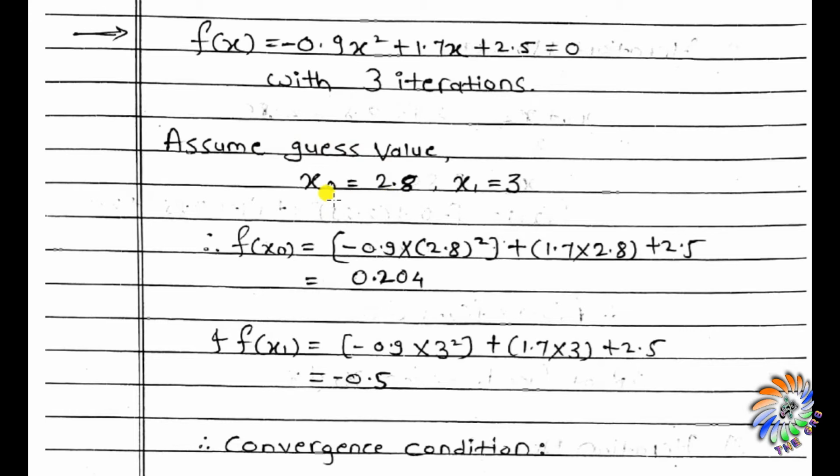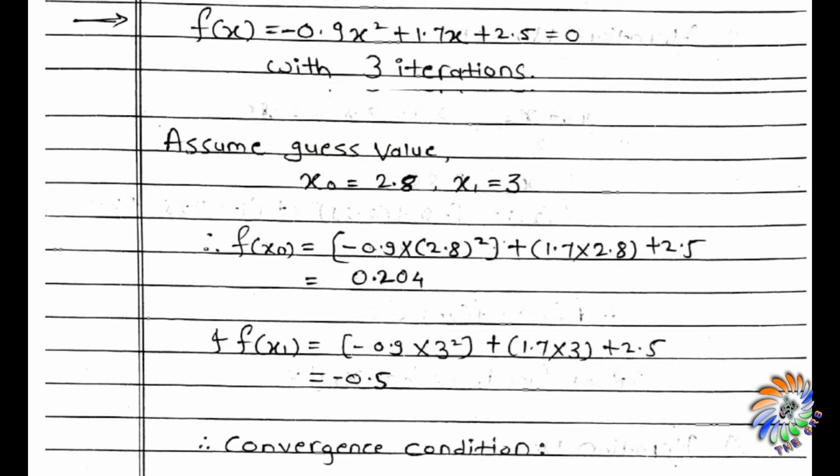Suppose here I have assumed that x0 is equal to 2.8 and x1 is equal to 3. What exactly it means is that the value of x which we are going to find lies between these two, between 2.8 and 3. Whether these two values are correct or not, we are going to see.